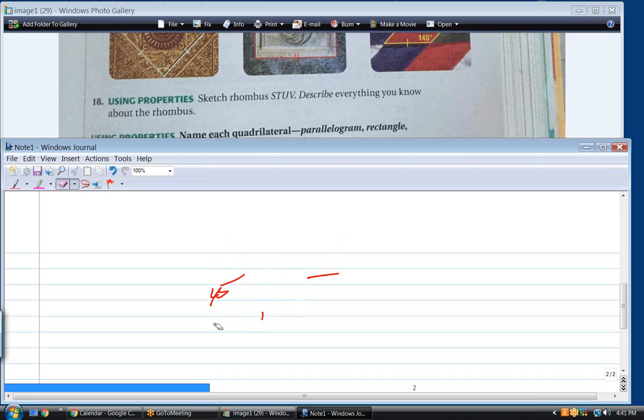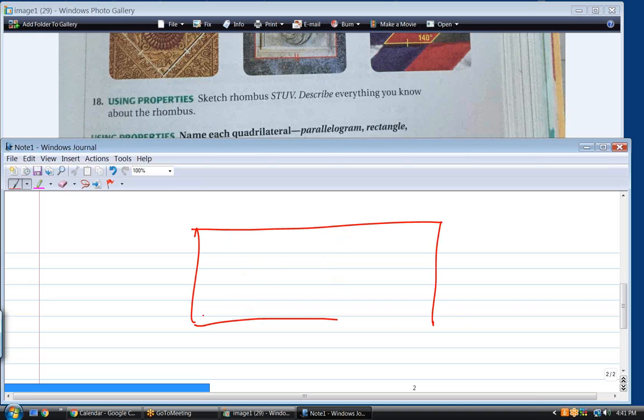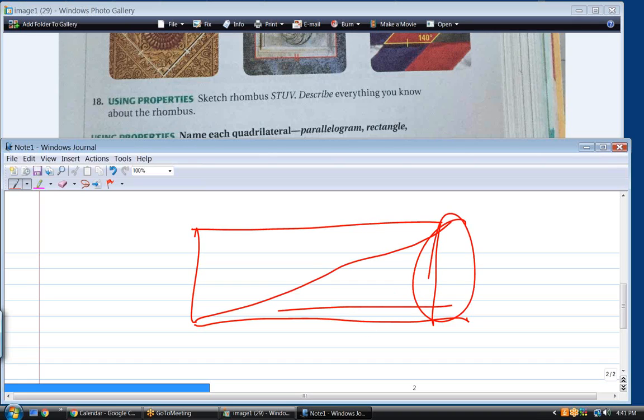But if I draw a rectangle, and now I draw a diagonal, well, I know that that side's not equal to that side, right? So there's no way that this angle is equal to that angle, which means it can't be 45.